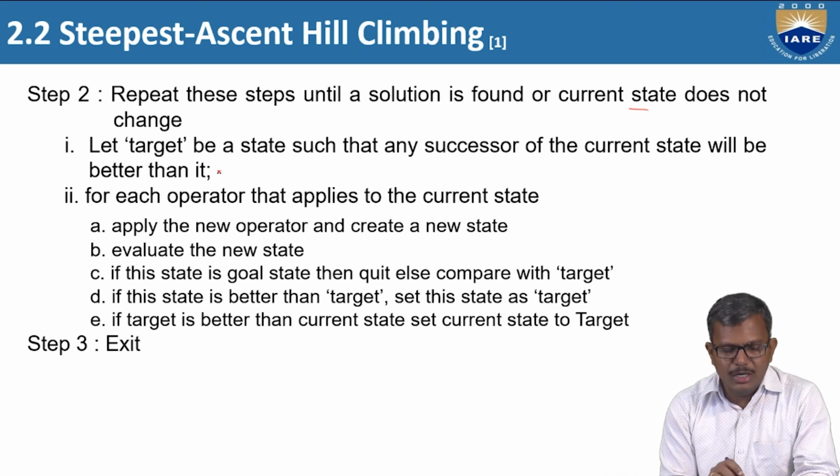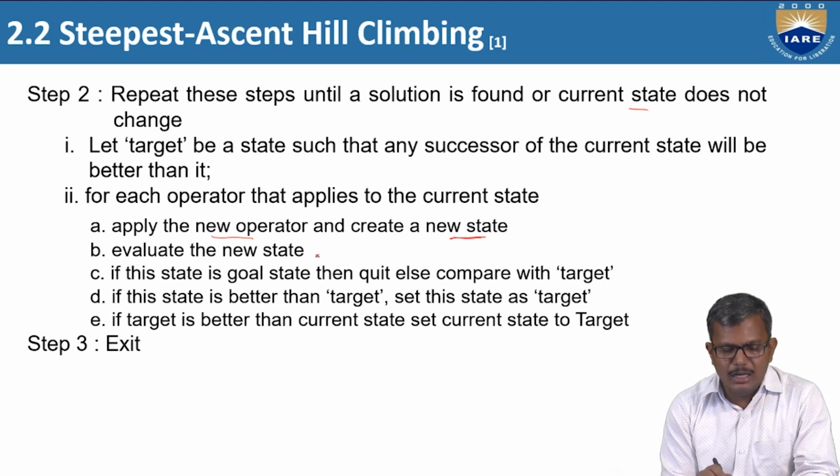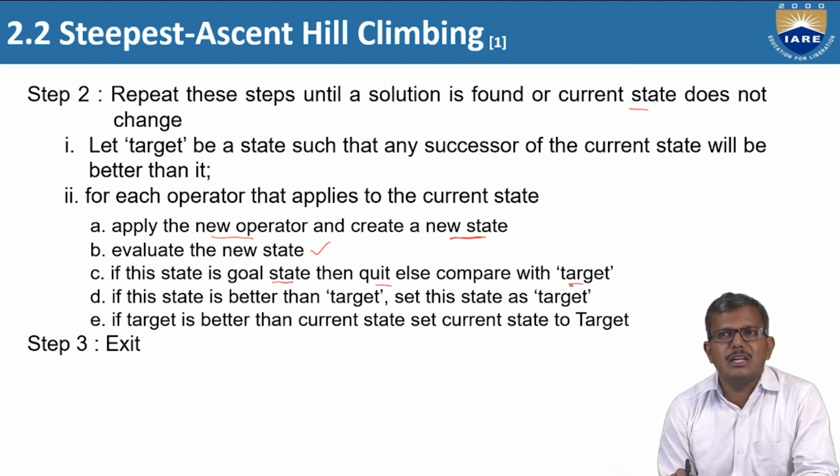Every time we keep applying the operator, trying to create a new state and evaluate that new state. If that new state is a goal state, simply quit. Otherwise, you compare it with the target. This is a new step we included in steepest ascent hill climbing.